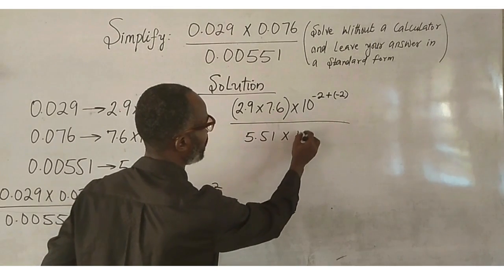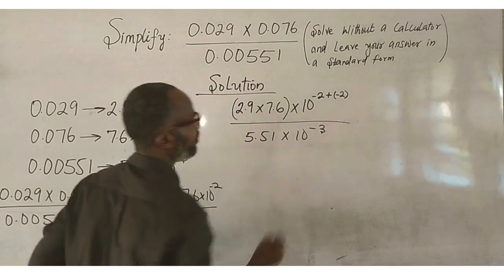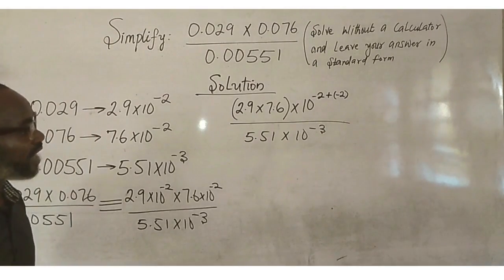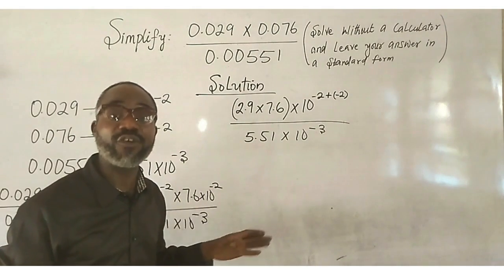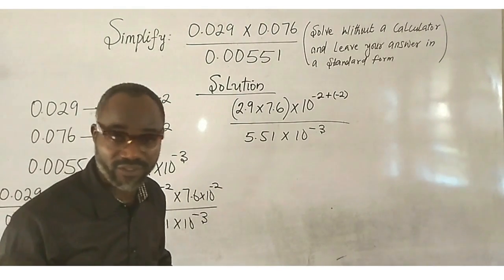5.51 times 10 raised to the power minus 3. If we have gotten to this point, it means the remaining steps are very simple.